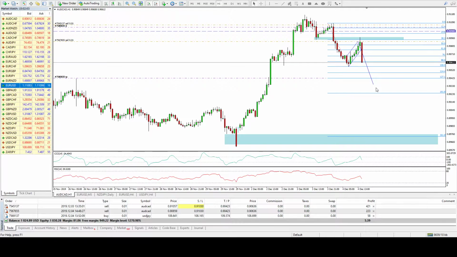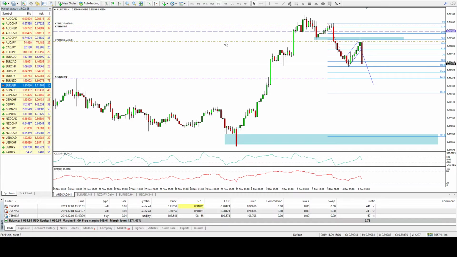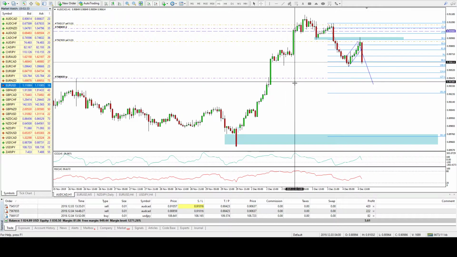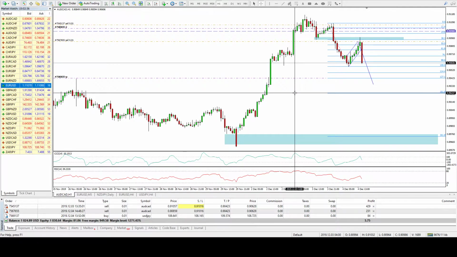It really is not about how many trades you enter, it's that you enter in the right place and take your profit when you have to take your profit. Let's see if we can take our profit for the second one.